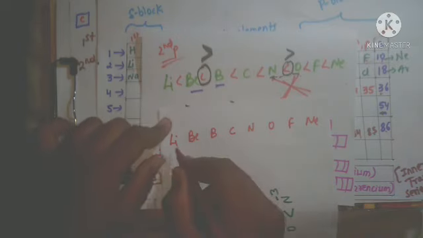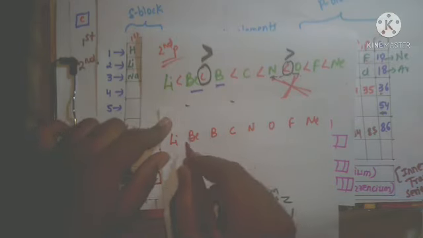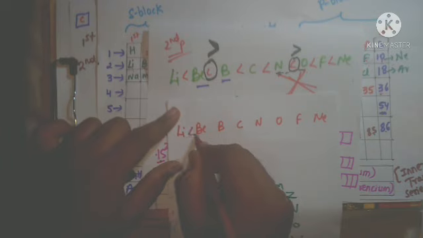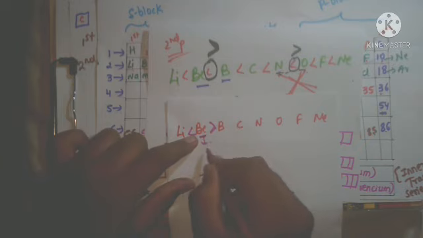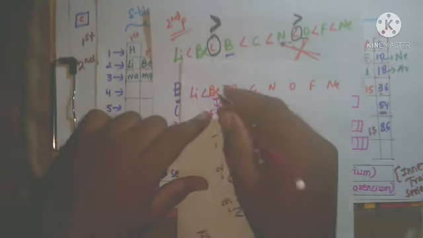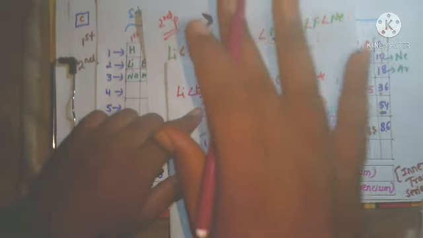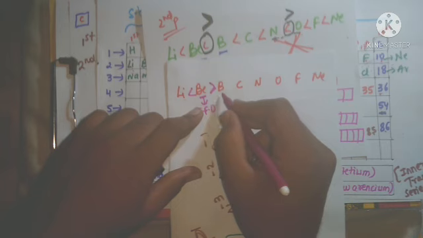Right? Along the period, ionization enthalpy increases. Lithium to beryllium increases, but beryllium to boron decreases. Why? Because beryllium has completely full-filled orbitals, therefore it has more ionization potential than the boron.